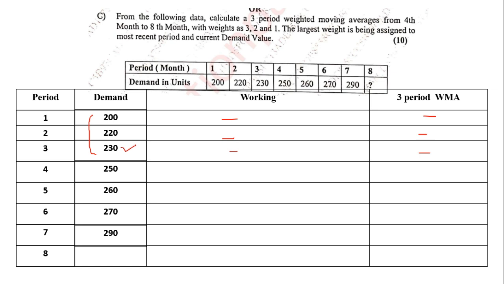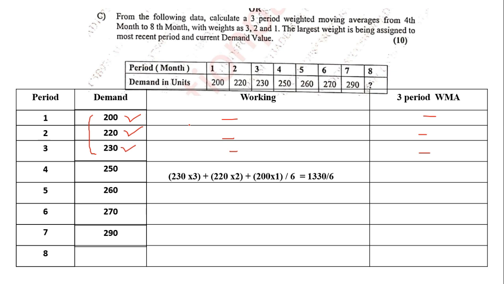The latest being 230, it will be 230 into 3, 220 into 2 and 200 into 1. In the same order, 230 into 3 plus 220 into 2 plus 200 into 1, the total comes to 1330.